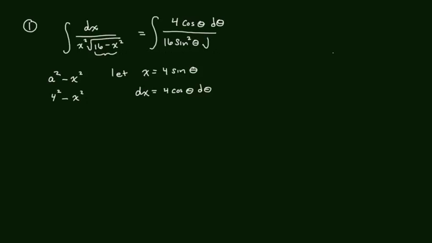And then we have the square root of 16 minus 16 sine squared theta. So all I did here was plug in once I made this substitution. Let's do some simplification.